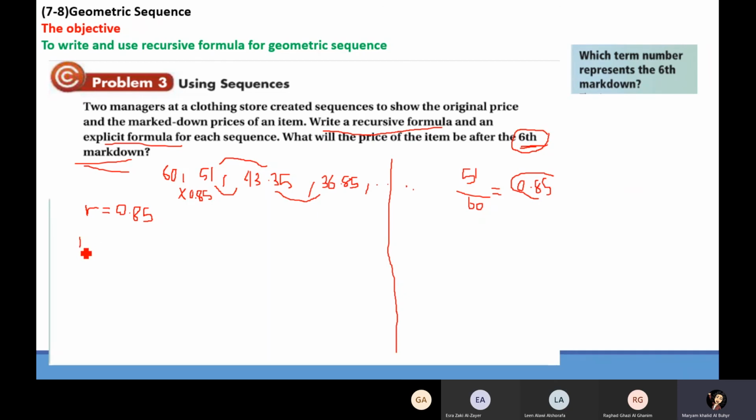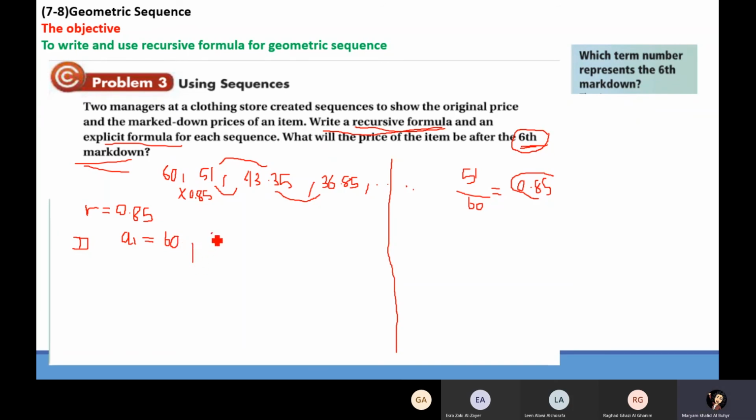Now I need three things. You need to notice that step by step. One, I need to write the recursive formula. As I told you before in the class, step by step, you need to focus on what I need from you in this question. So the recursive formula should be given by A1, the first term, which is 60.